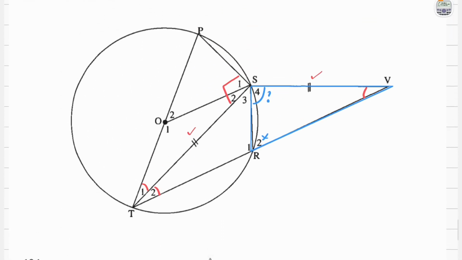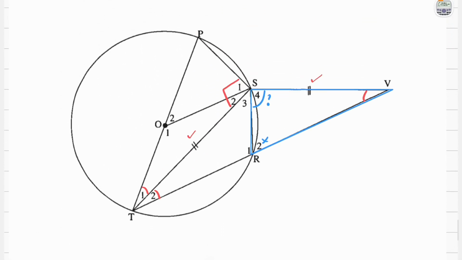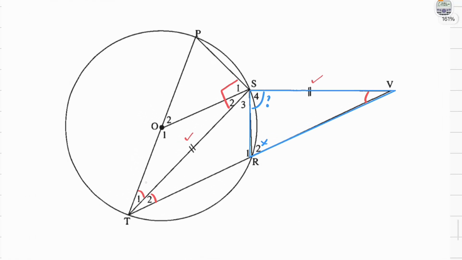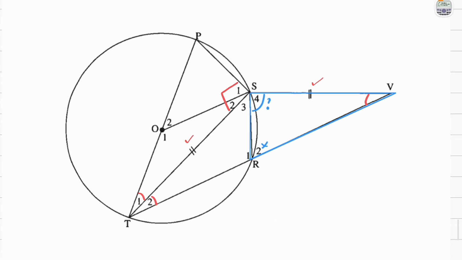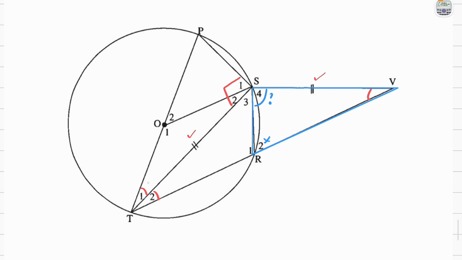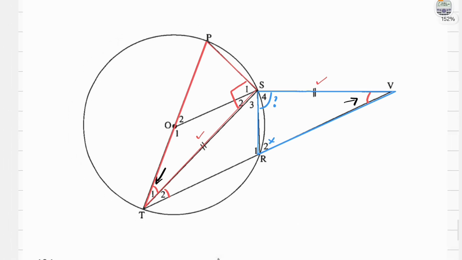Okay, so now that those are equal, we can focus on the other angles. We found these two to be equal in each triangle. So we can finally conclude that angle T1 is equal to angle V. We're focusing on these two triangles and just finding out which angles are equal in both.